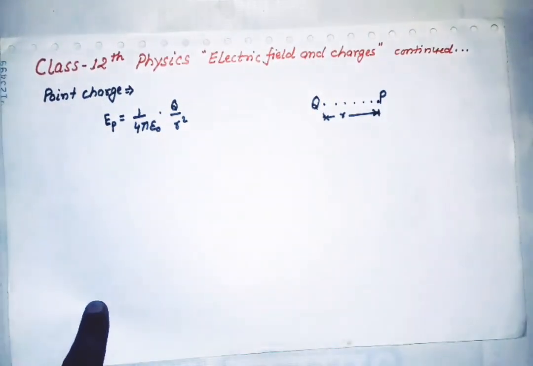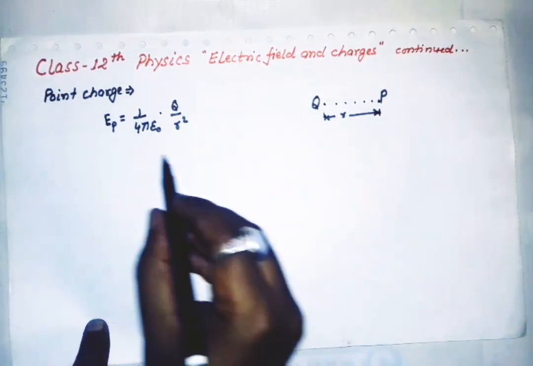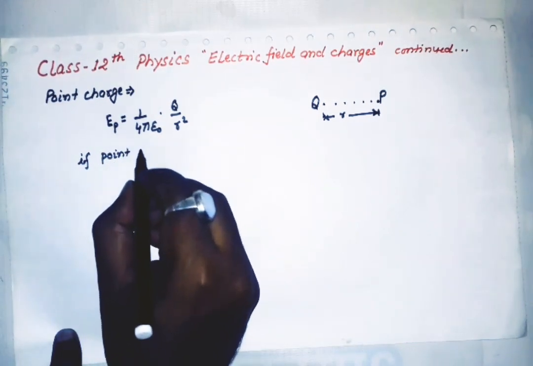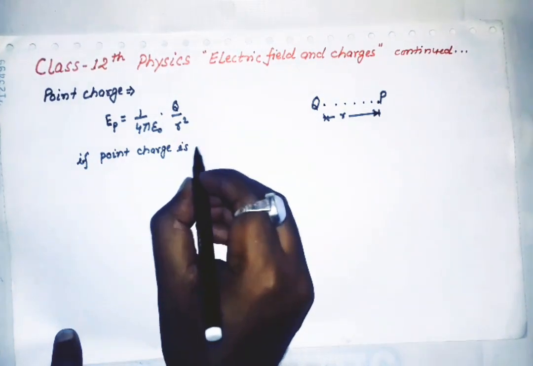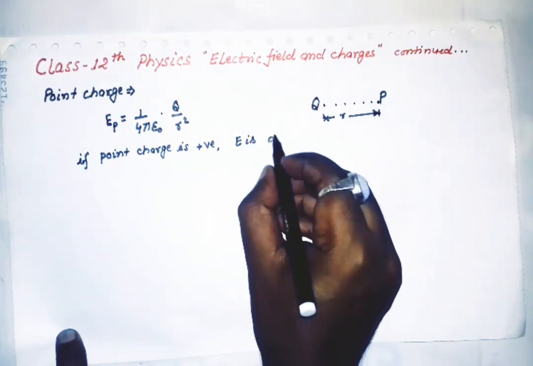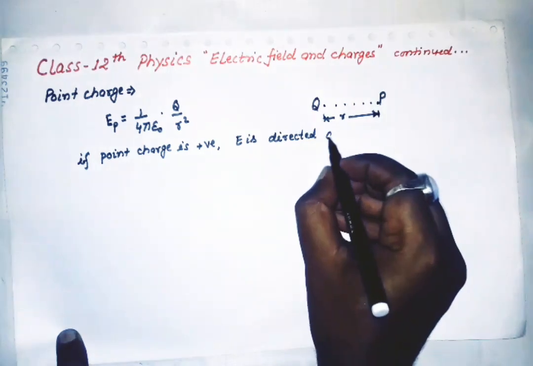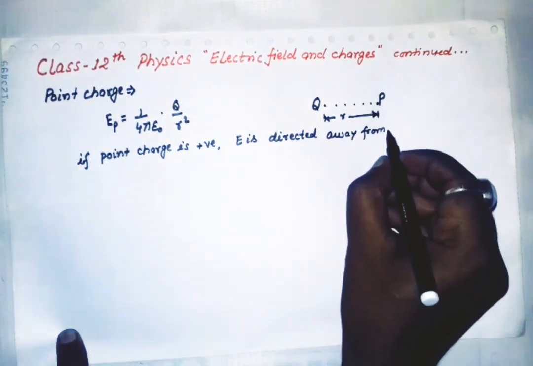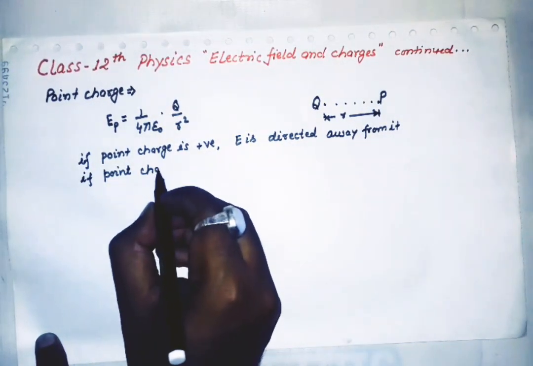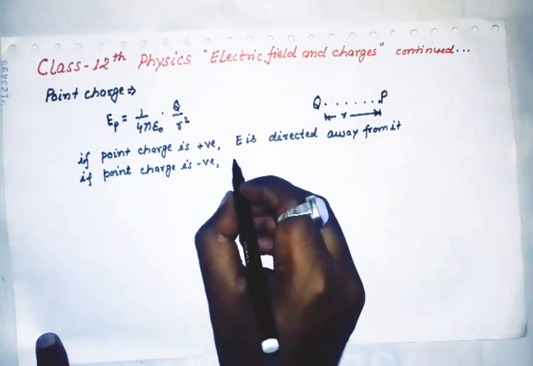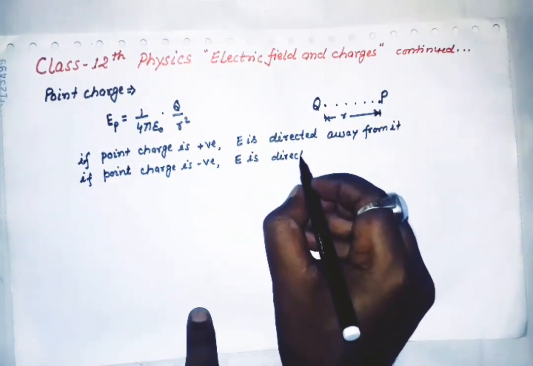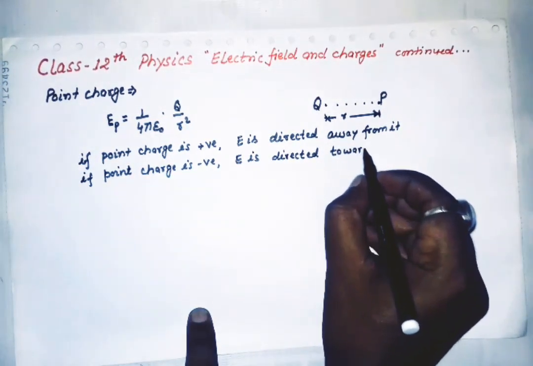If our point charge is positive, E is directed away from it, and if point charge is negative, E is directed towards it.